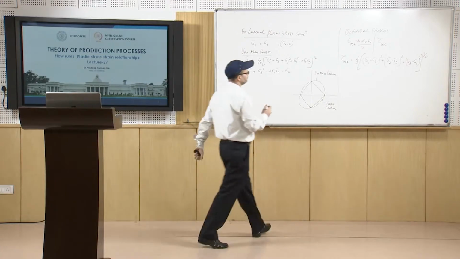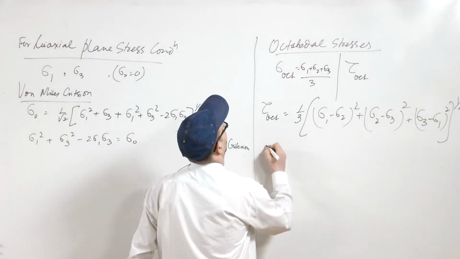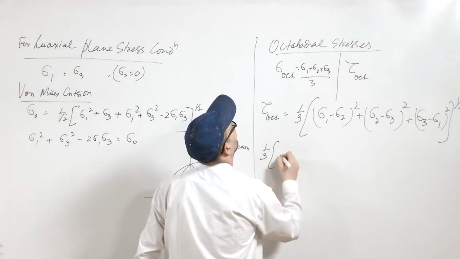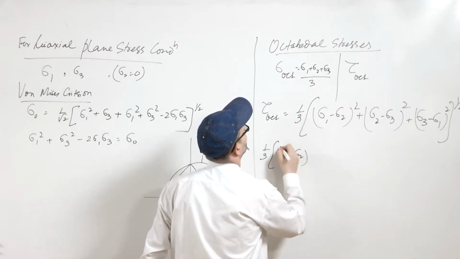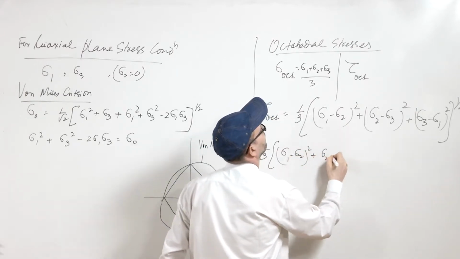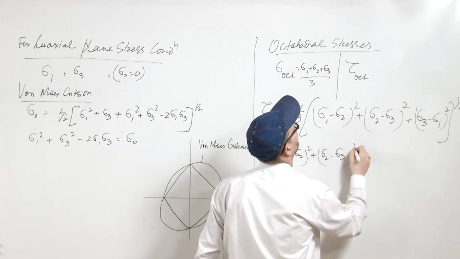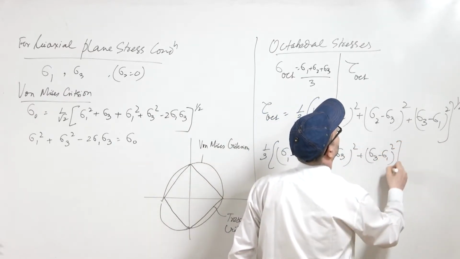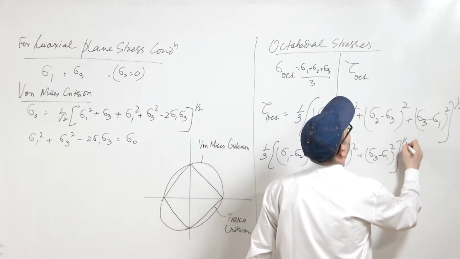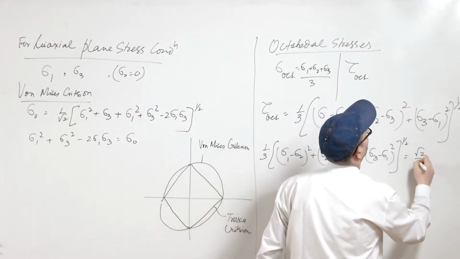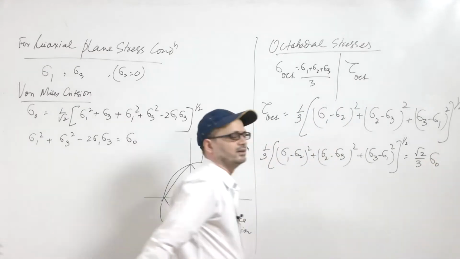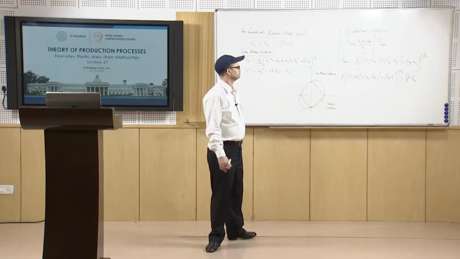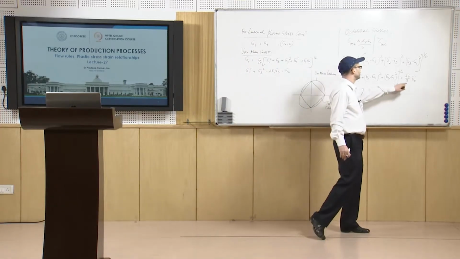So, 1 by 3 times sigma 1 minus sigma 2 square plus sigma 2 minus sigma 3 square plus sigma 3 minus sigma 1 square, all under root, has to be equal to root 2 by 3 sigma naught. How this came about needs to be known.